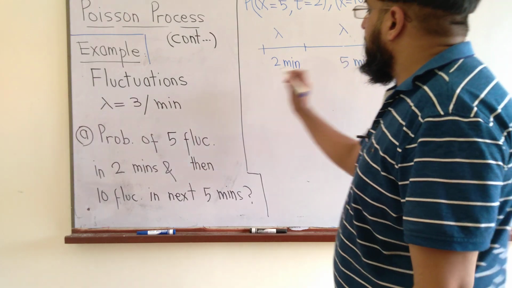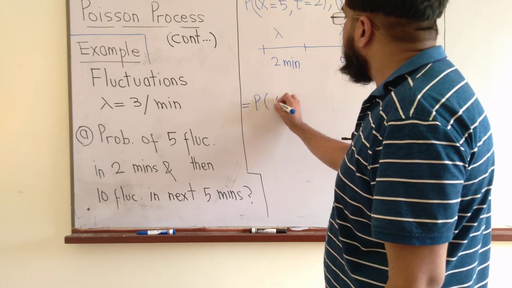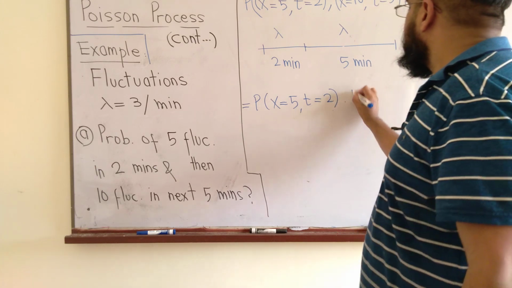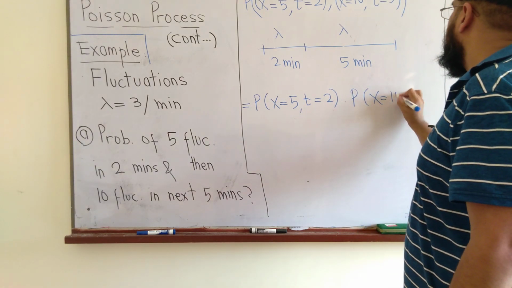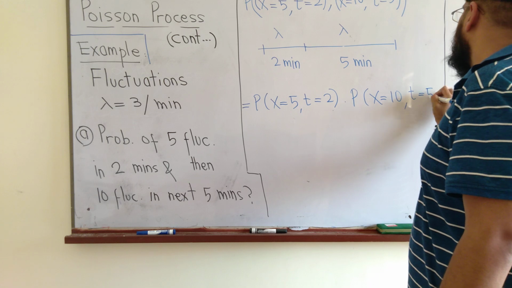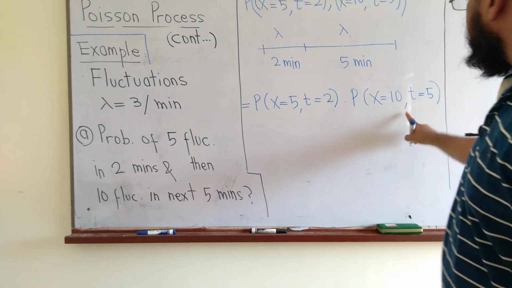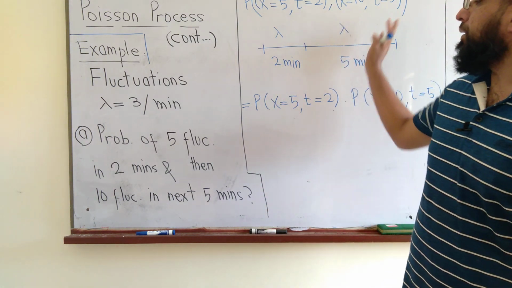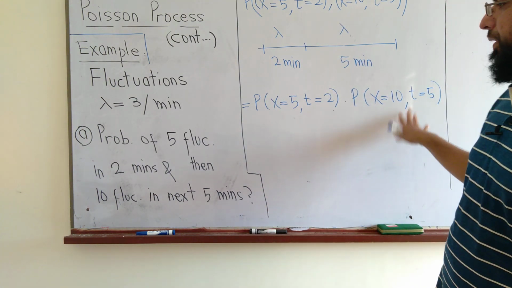So this joint probability term can be written in terms of these marginal probabilities.